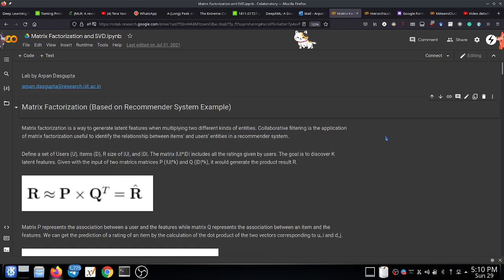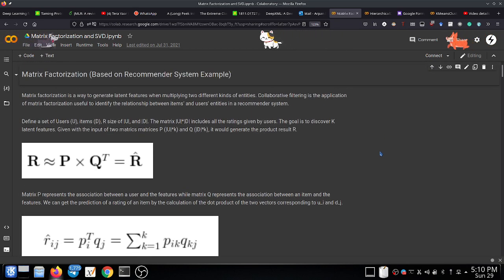So why do we need matrix factorization is one question that might be on your mind. Matrix factorization is a technique where we decompose a larger matrix R into P and Q, two smaller matrices of lesser dimensions.